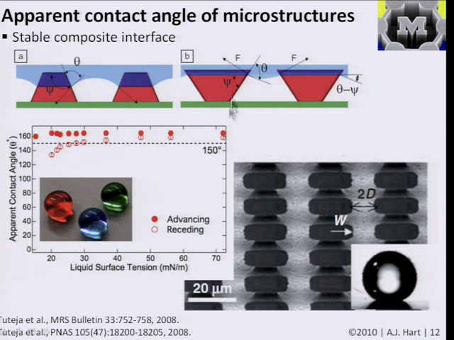And there is a difference between what we would measure as the contact angle when we look at the droplet on the surface, and the real contact angle between the liquid and the surface. And so if you looked closely at this surface, what you would find is that the contact angle between the liquid and each structure is actually quite low. So it's locally wetting the surface.